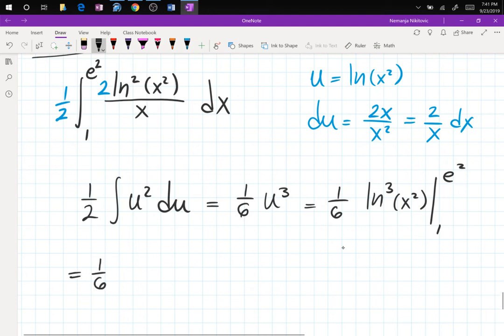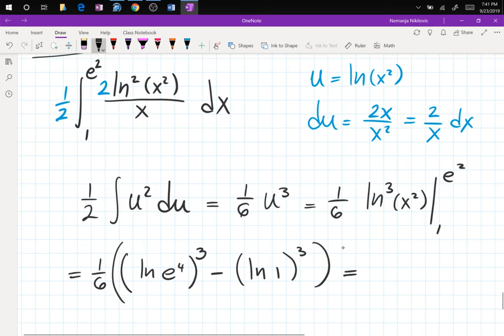So 1 over 6, now I'm going to actually put ln of e to the 4th cubed minus ln of 1 cubed, all of that times 1 over 6 to compute.